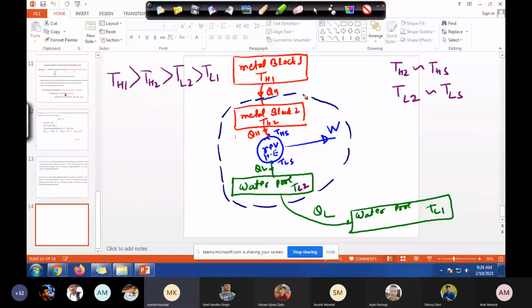So seeing this system boundary, tell me about internal, external irreversibility or reversibility.